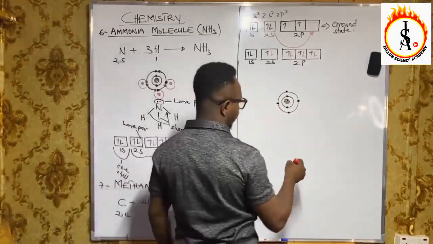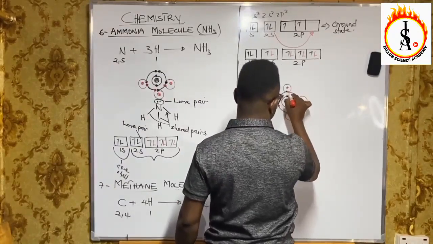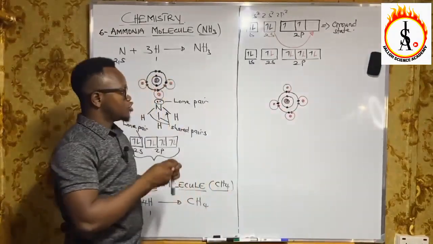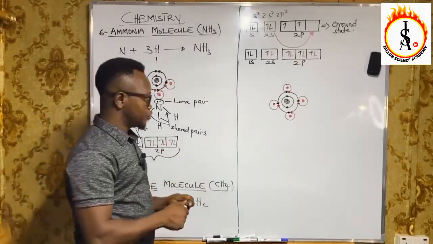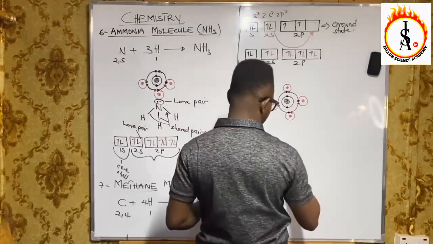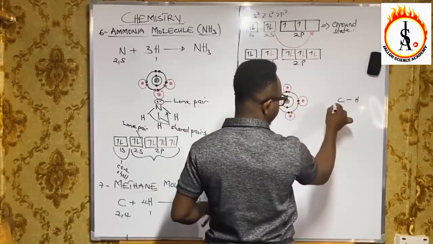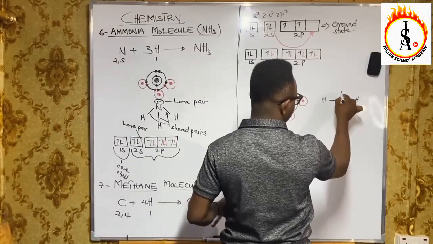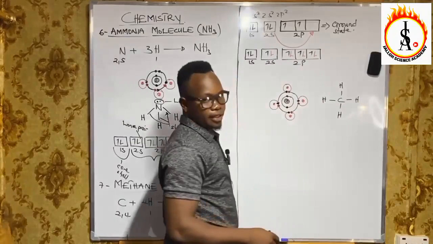So in this situation, you have this to be the methane molecule. So you have carbon forming a bond with hydrogen here, forming a bond with hydrogen here, forming a bond with hydrogen here, and forming a bond with hydrogen here.